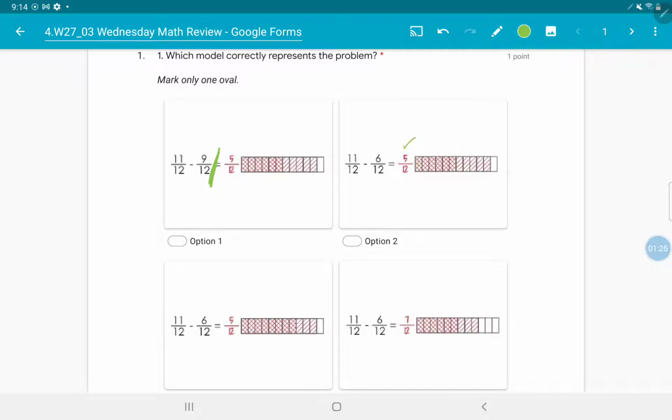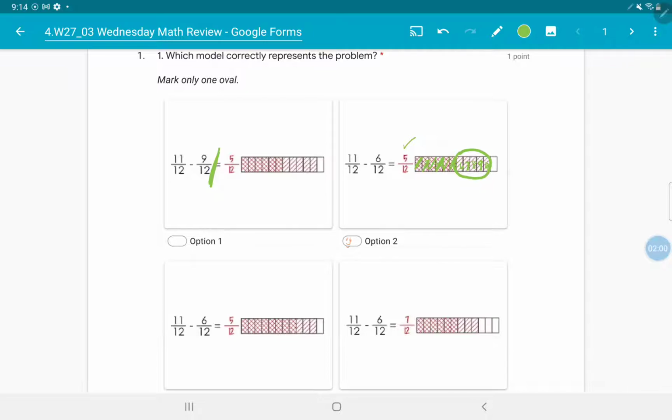We have 1, 2, 3, 4, 5, 6, 7, 8, 9, 10, 11 pieces shaded. They crossed out 1, 2, 3, 4, 5, 6 of those pieces. And it shows that there are 5 pieces left. So is that the correct model?